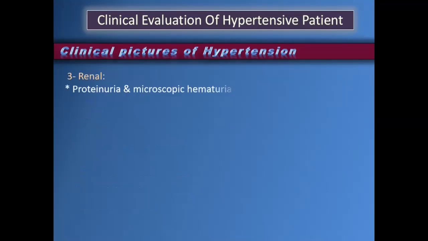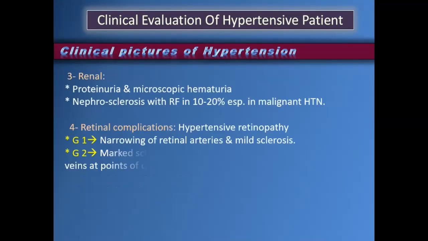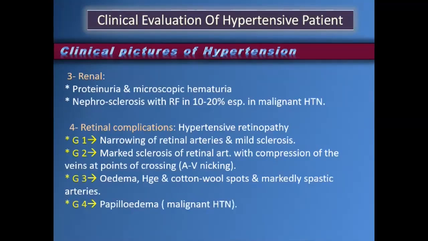And then maybe renal, proteinuria, and nephrosclerosis with renal failure, retinal complications, including different grades of hypertensive retinopathy from grade 1, 2, 3, and 4, in grade 4, papilledema, especially in malignant hypertension.